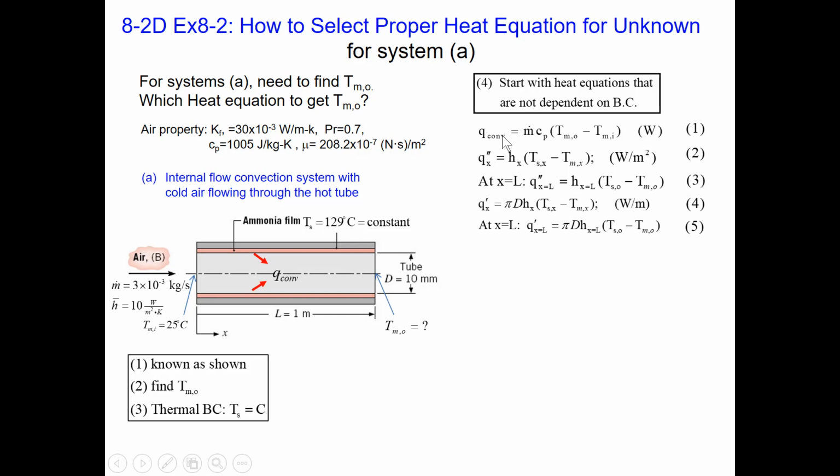Since we don't know the convection heat rate, we cross out this equation. Similarly, we don't know the heat flux or the heat rate per unit length. Therefore, we cross these two equations out.